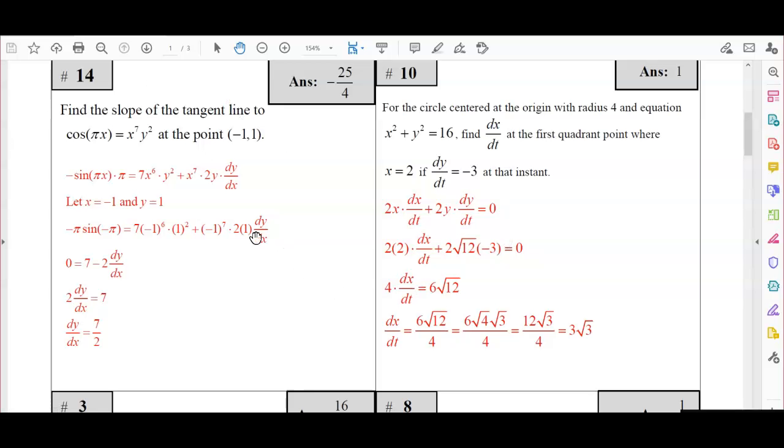But back to the handout. Number 14 is a lot like the problems that we did on Friday, where we had the pi x inside our trig function. You have to remember that when you take the derivative of sine pi x or cosine pi x, make sure you take the derivative of pi x and bring that pi out.